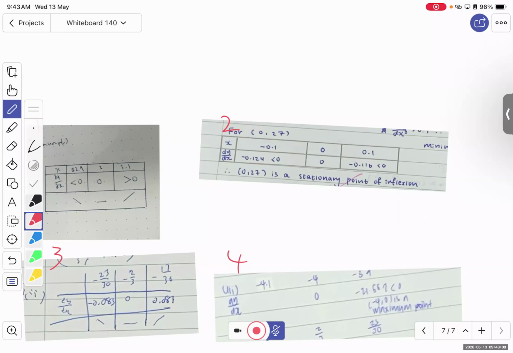Oh, bro, never even draw line. Okay, cannot. This one left side got, right side don't have. This student go to school, wear socks on the right, then wear on the left. No need. So this is enough. If you put a sign here, it's enough to tell me that it is negative. So you don't have to draw a line. So the answer is this is the correct one.